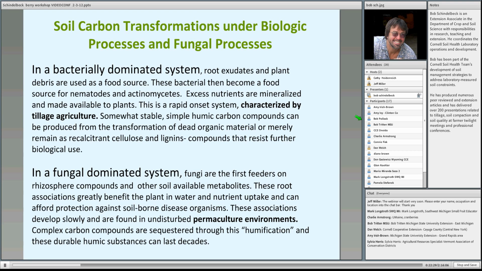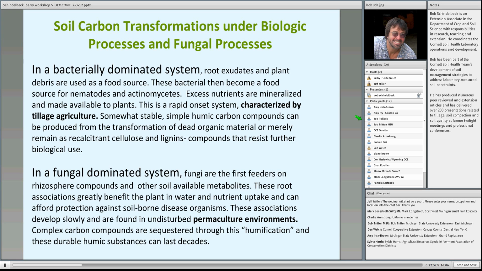We talked about how as these funguses develop these relationships, they produce a wide network of mycelia that can increase not only uptake of water and nutrients for the plant, but also protect the plant against outside attack by disease organisms.